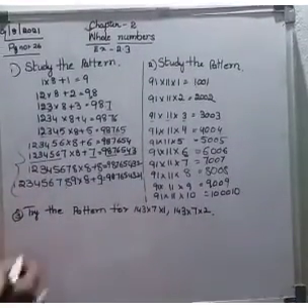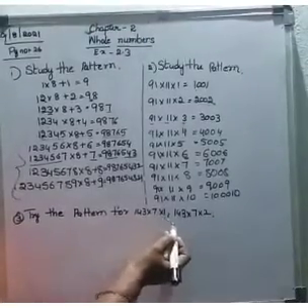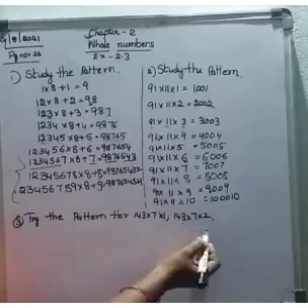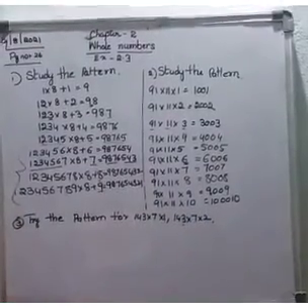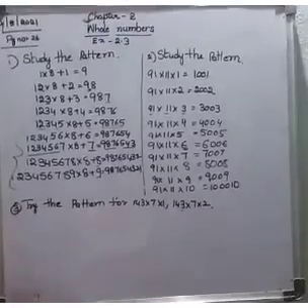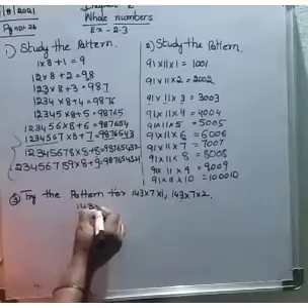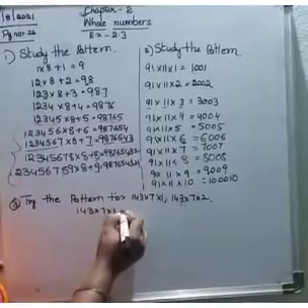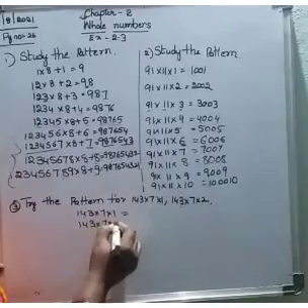Next, try the pattern for 143 into 7 into 1. 143 into 7 into 2. Look here. 143 into 7 into 1. 143 into 7 into 2.